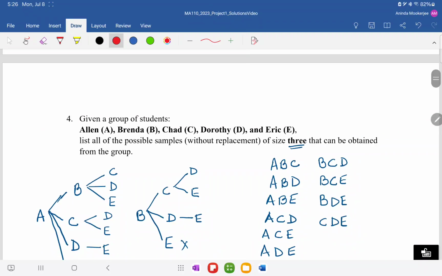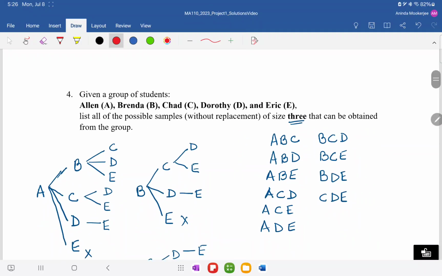Now question number 4 is related to sampling. So it says, given a group of students, Alan, Brenda, Chad, Dorothy, and Eric, list all of the possible samples without replacement of size 3 that can be obtained from the group.